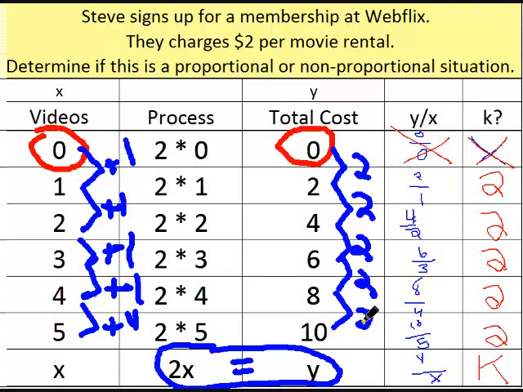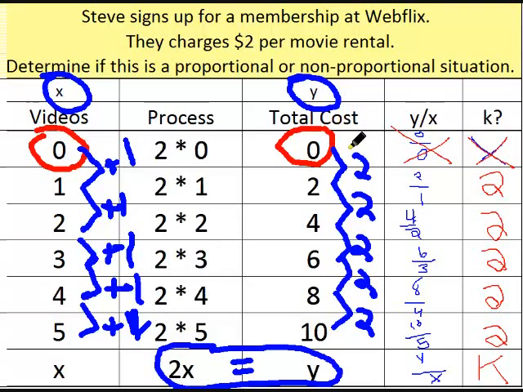So what we have is our X and our Y columns, both of which are starting at 0, and both of which increase at a constant rate. This one constantly increases by the same amount every time, plus 1 every time.